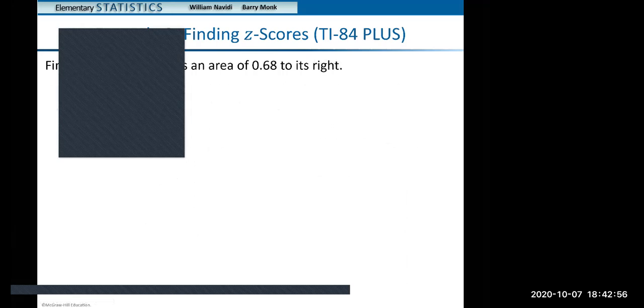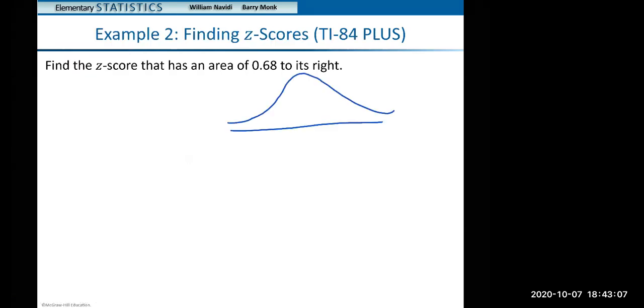How about this? Area is 0.68 to its right. So if I sketch this 0.68, for you to have 68% to its right, it should be on this side here, so that this area is 68%, so that this is 0.68.